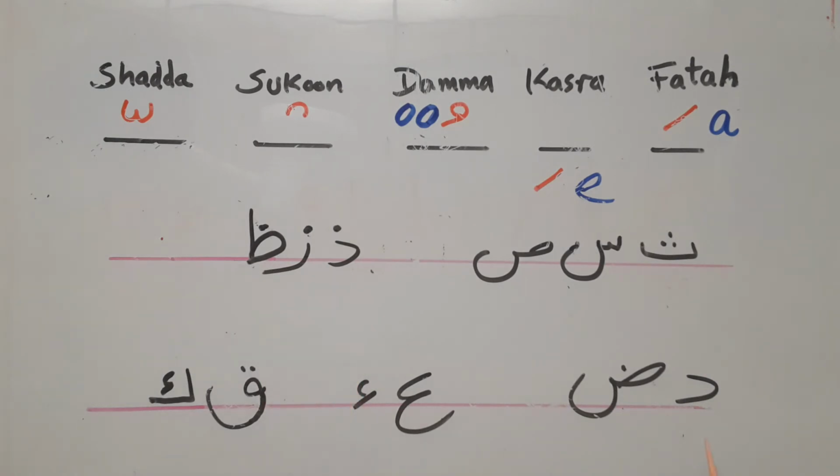Okay. Then you have a dal and dod. Okay, dal. This is the back of the top teeth, the gums. The makhraj or the exit point is there. So put your tongue there at the back of the top teeth and say dal.